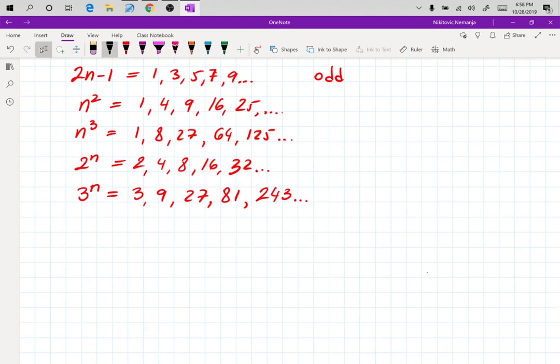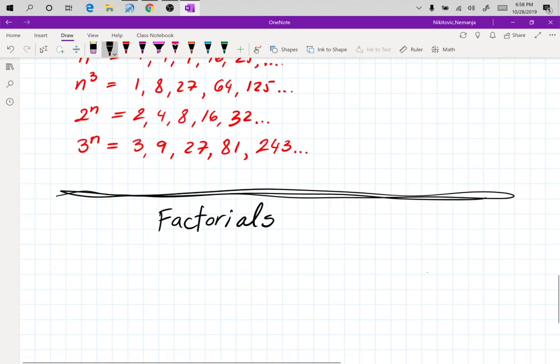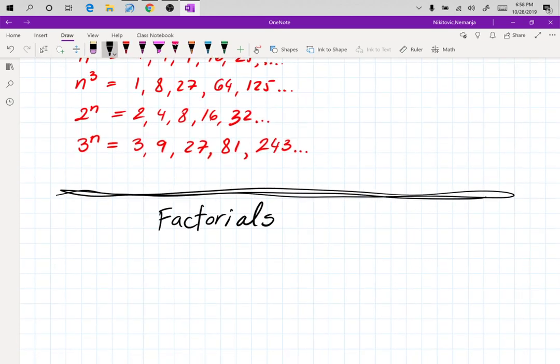Next step for us is to learn the new creature, factorials. Notation, n factorial. This is not n, it is just n factorial, right?